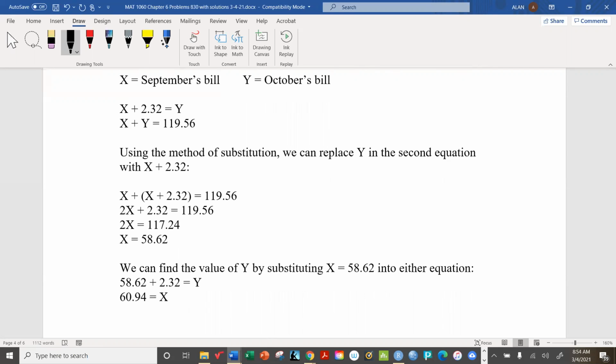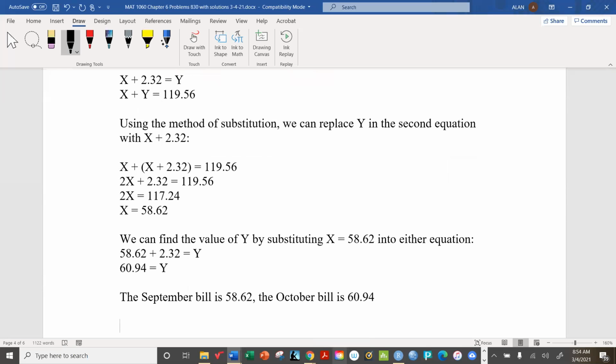Okay, so we conclude from all this that the September bill is 58.62. Oh, I made a typo here. Sorry, this is Y. All right. So the September bill is 58.62. The October bill is 60.94.